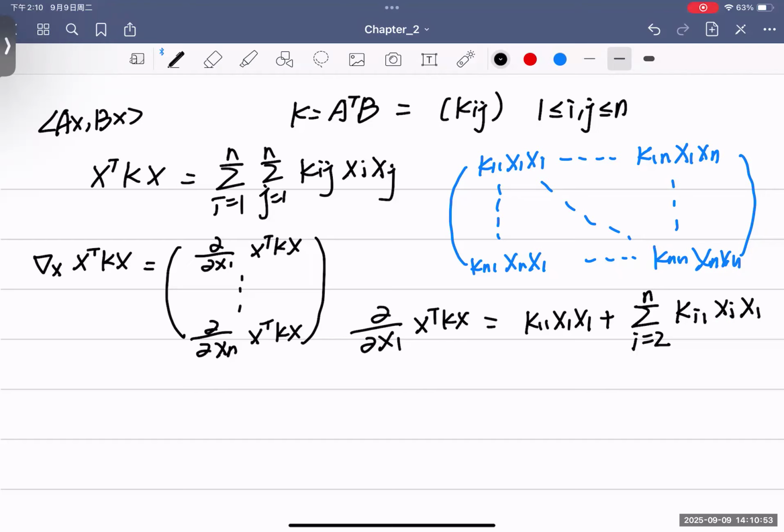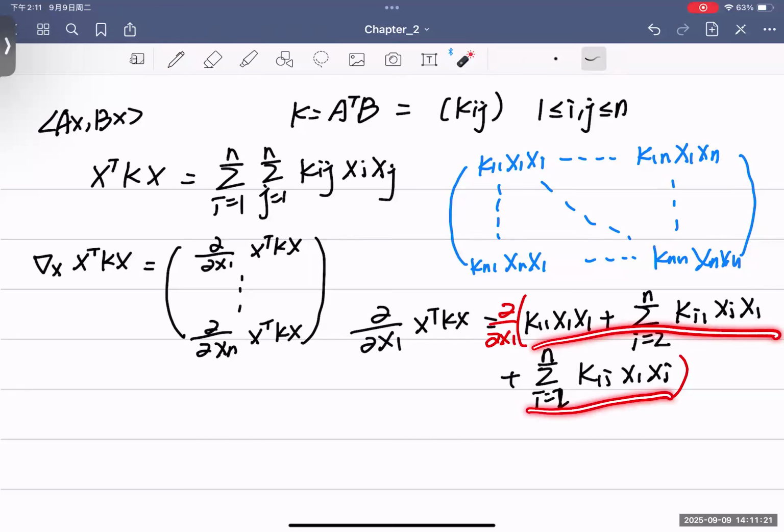And adding the remaining values in the first row: sum over i from 2 to n of k1i x1 xi. We just need to take the partial derivative over these parts.